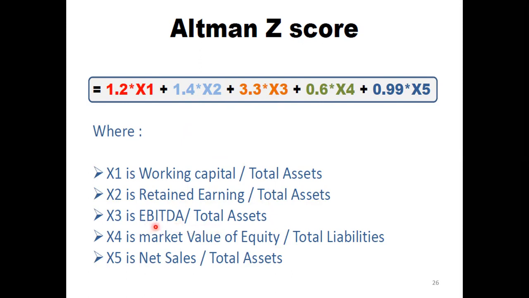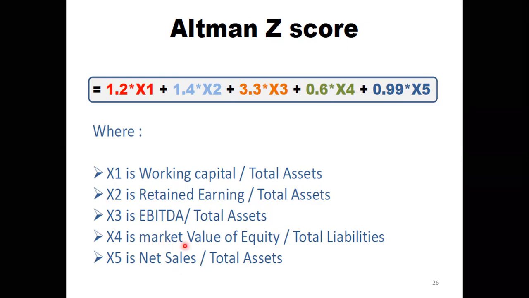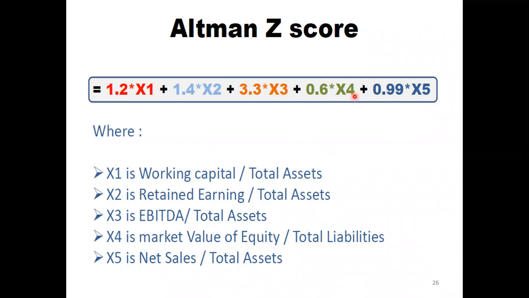You can find EBITDA from the income statement. And then market value of equity: you can get the market price of a particular company on the Colombo Stock Exchange or stock market, and multiply by the number of shares outstanding. So that is the market value of equity here.